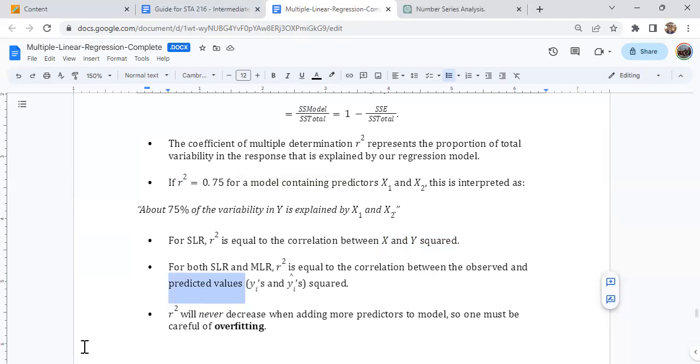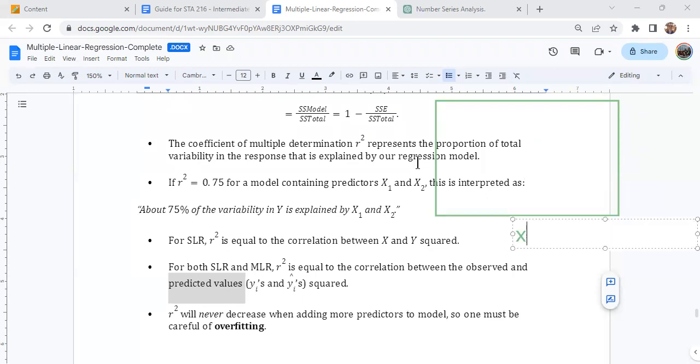So keeping that in mind, let's say this was our plot, and we had X and we had Y. We got the straight line relationship.